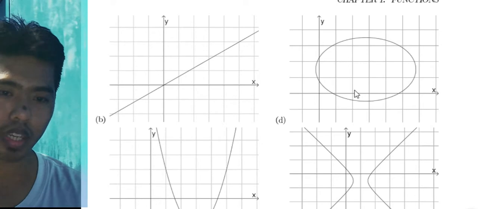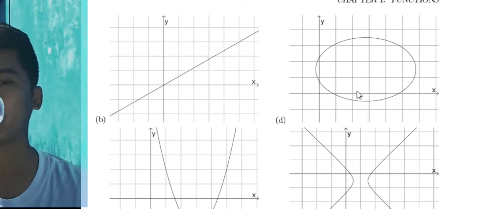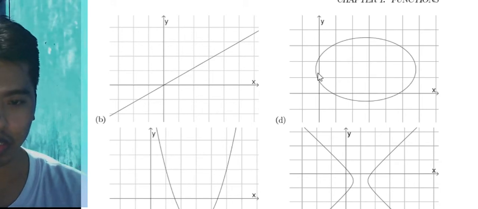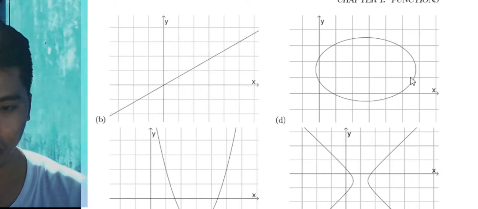Now, try to look at letter D here. In this vertical line, it meets the graph twice. Here as well, two. So, as you can see, in the vertical line test, it intersects two times.